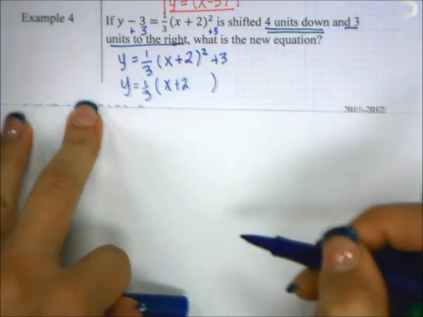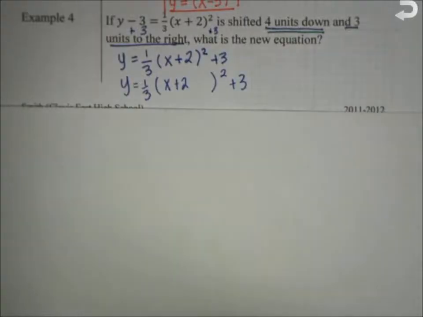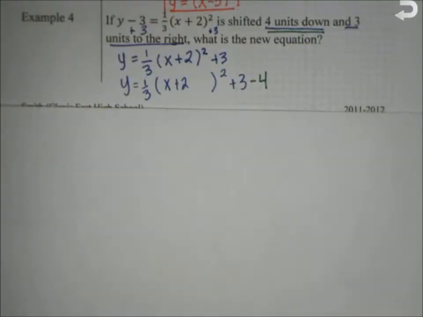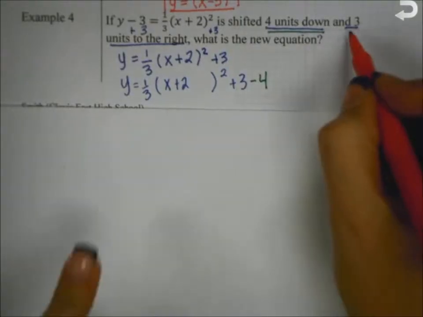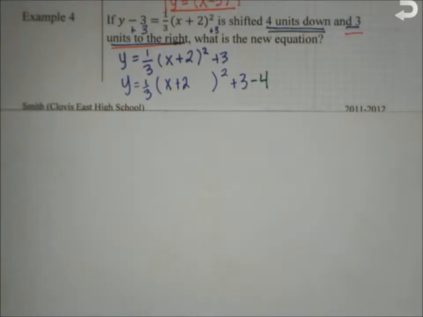And we're subtracting 4. And then we're shifting also 3 units to the right. So what am I going to be doing there? To the right, we subtract. So on the inside, we're going to subtract 3 units.